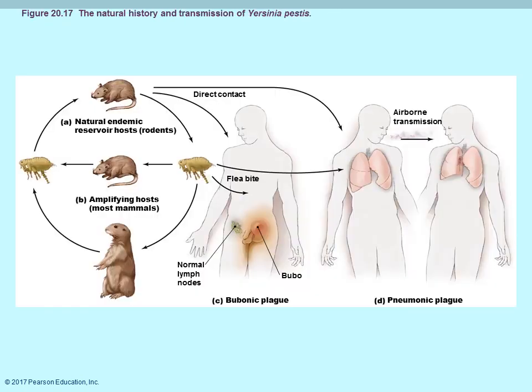Pneumonic plague is when you have airborne transmission and inhale this bacteria into the lungs. Bubonic plague is when it is the same causative agent, Yersinia pestis, but it is introduced either by direct contact, a bite, say from a rodent, or a flea that has been feeding on rodents.